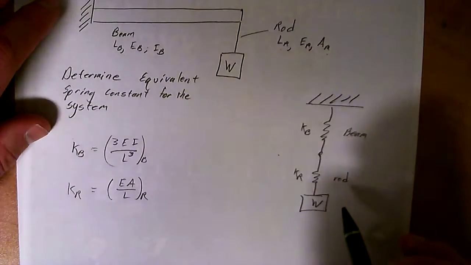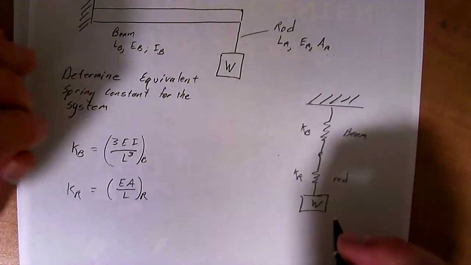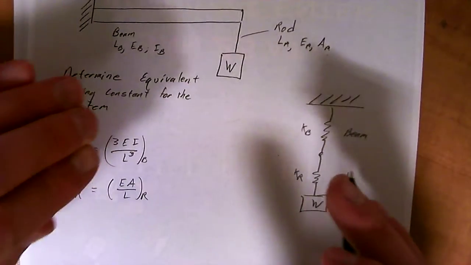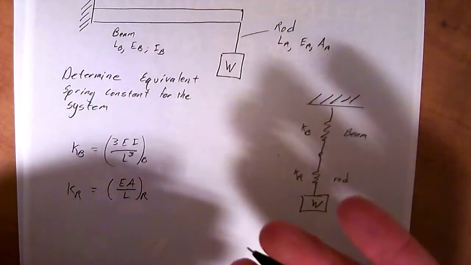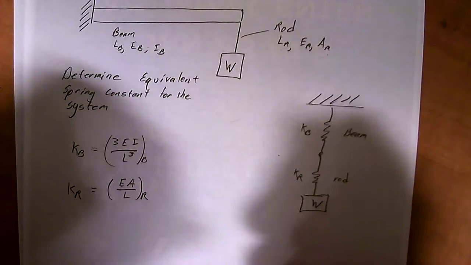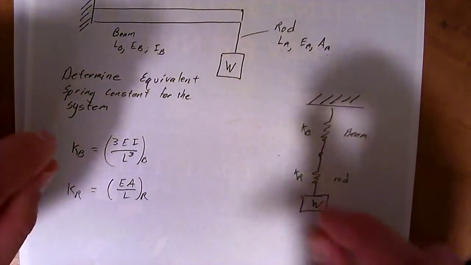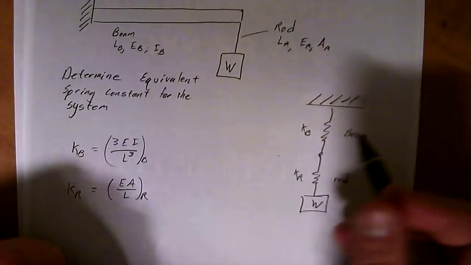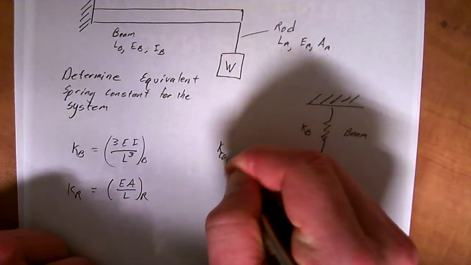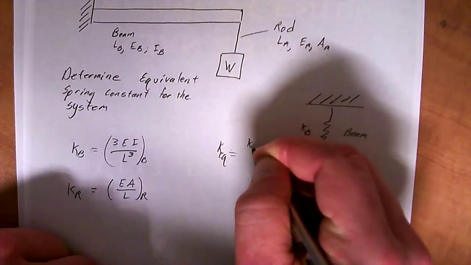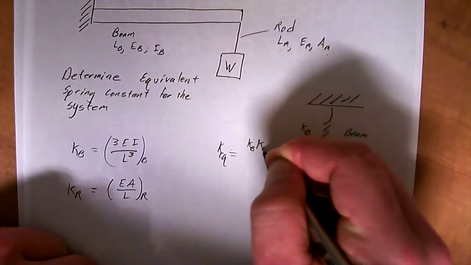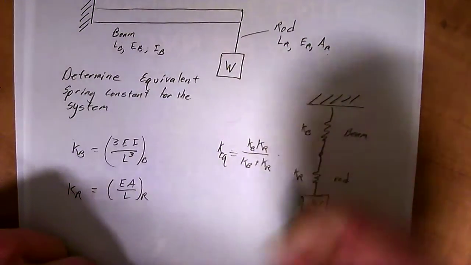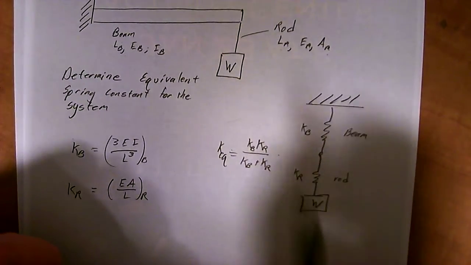Okay, so now we have two springs in series. Springs are very similar to circuits if you've ever had resistors, but they're actually the inverse of resistors. In circuits, resistors that are in series add together resistance. But springs, when they are in series, have the relationship KB times KR, all over KB plus KR.